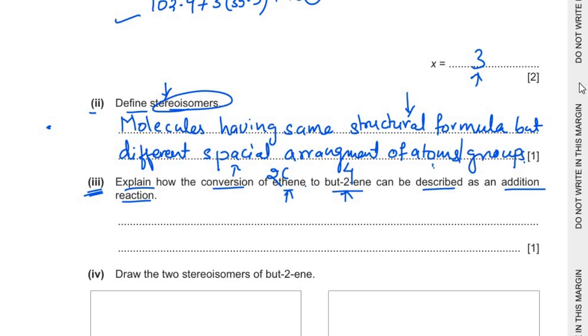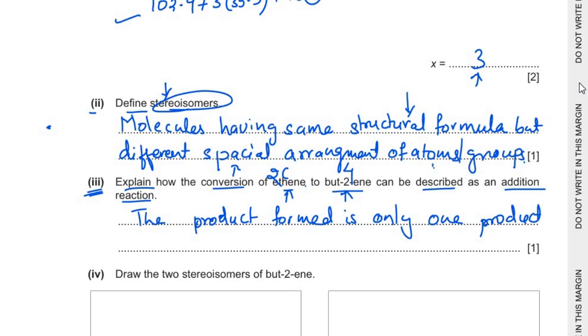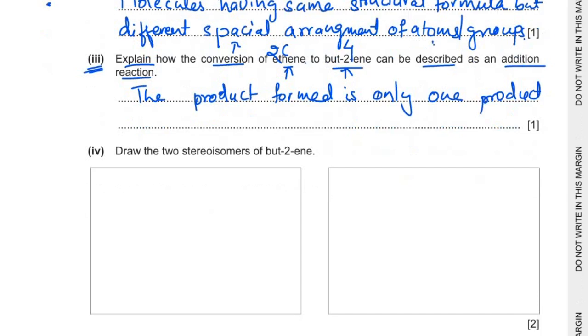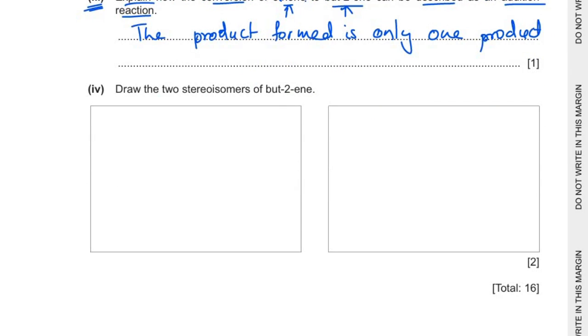For any addition reaction the product is only 1. So we can say that only one product is formed. This is how an addition reaction can be described, because in an addition reaction there won't be any byproduct.